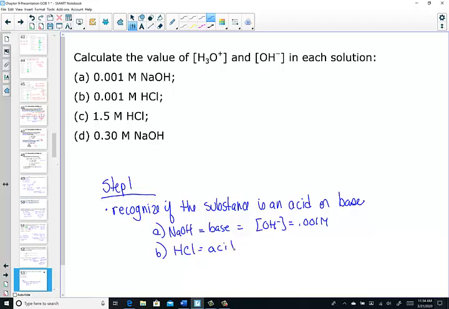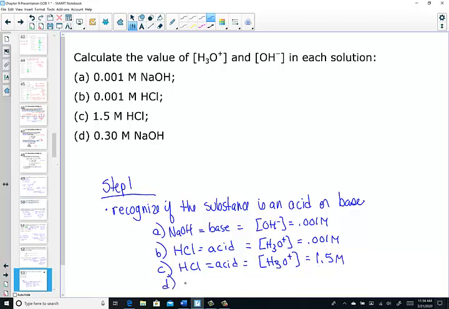Well, you recognize that as an acid, right? And so the acid ion is going to be given to us as 0.001 molar. And in letter C, HCl is an acid. So therefore, the acid ion dissociates and gives me the concentration of 1.5 molar. Same in letter D. NaOH is a base. And so this concentration is giving me the base ion of 0.3 molar.